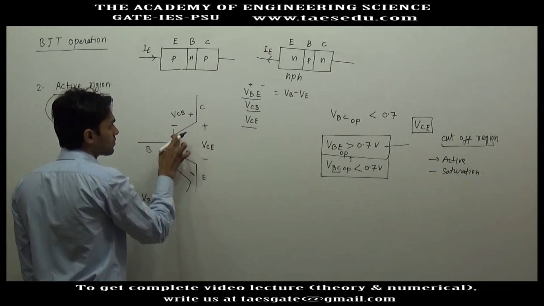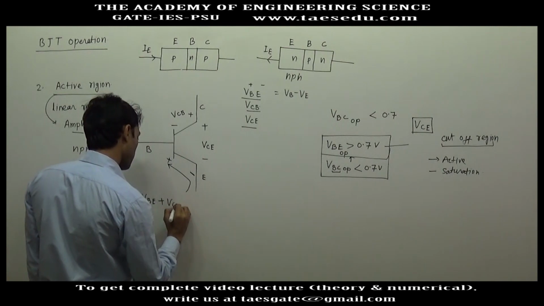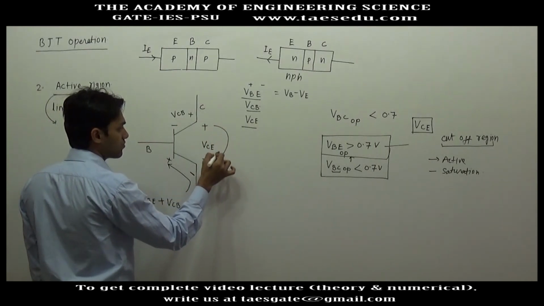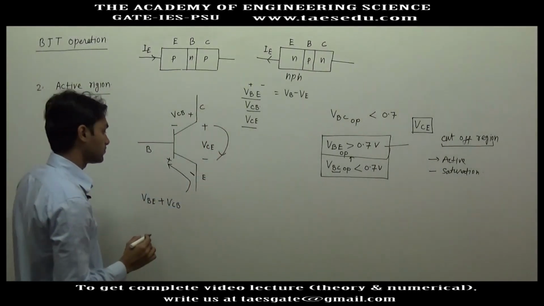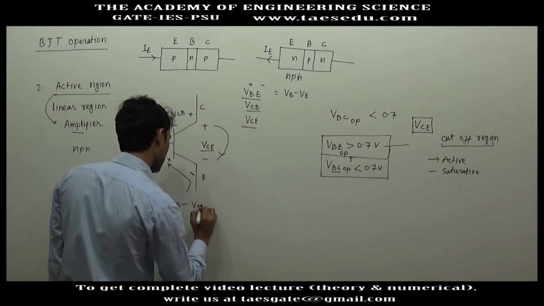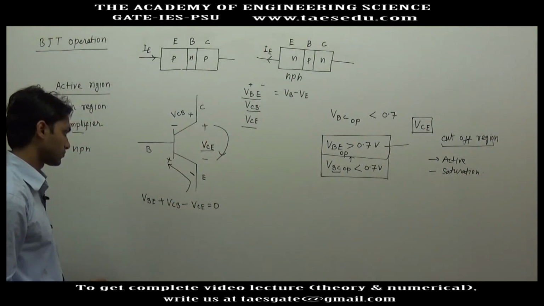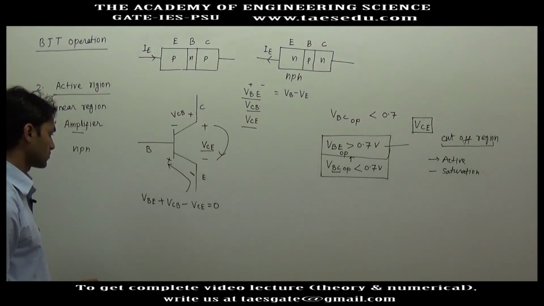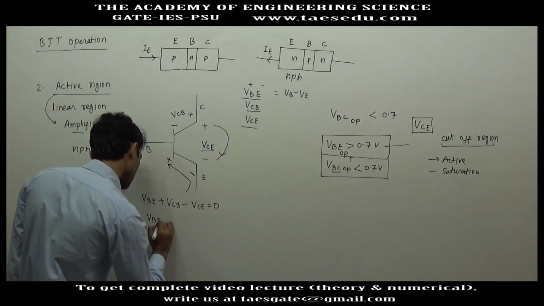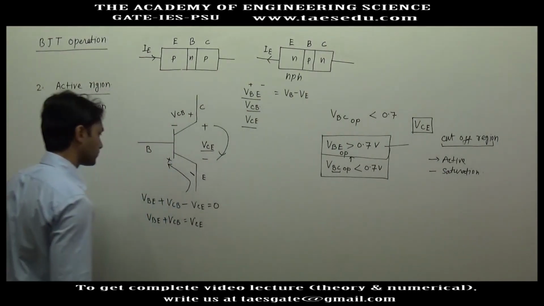Moving from base to collector, again from negative to positive, we have a gain of VCB. Moving from collector to emitter, we go from positive to negative, so we have a drop of VCE. The loop is completed, so the sum is 0. So VBE plus VCB equals VCE.